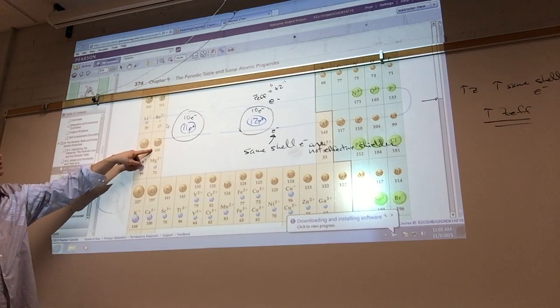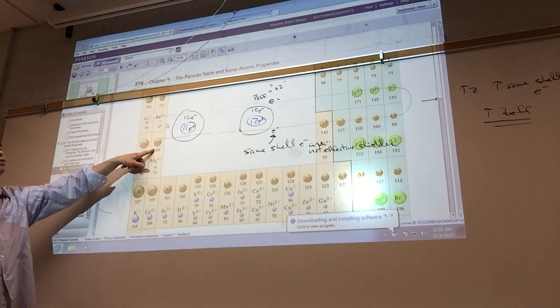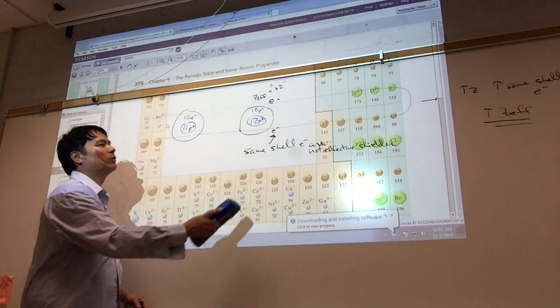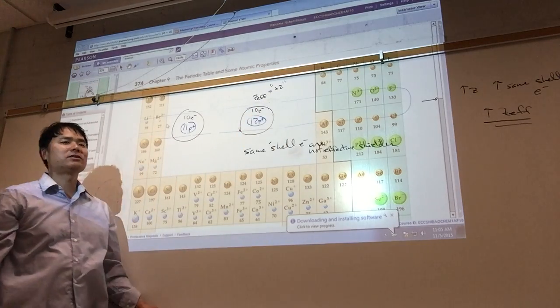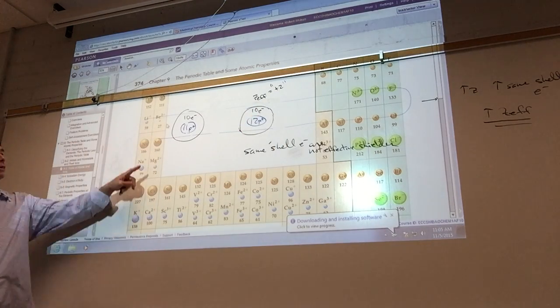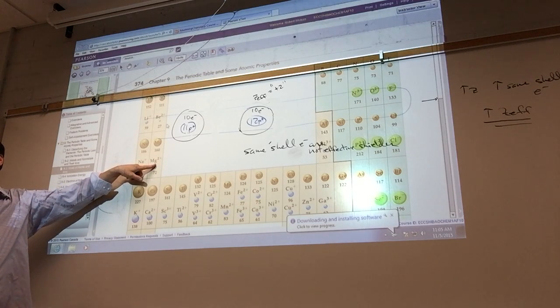Look at this one. Even though we took 2 electrons off magnesium, what happened to the size? It was cut in about half, or a little more than half.